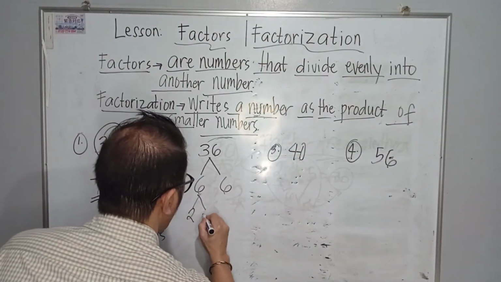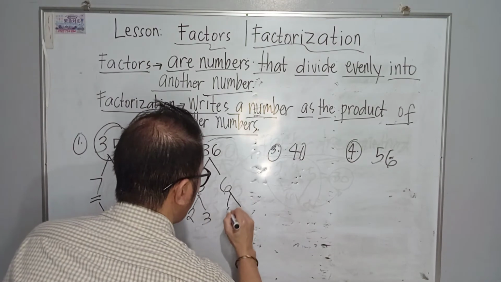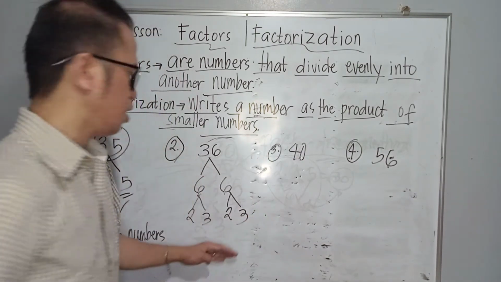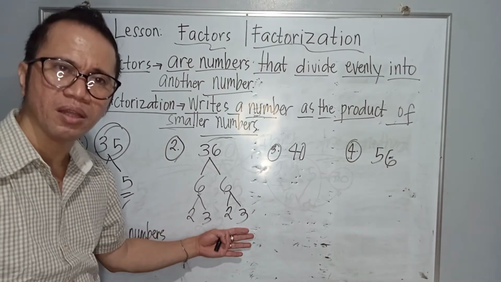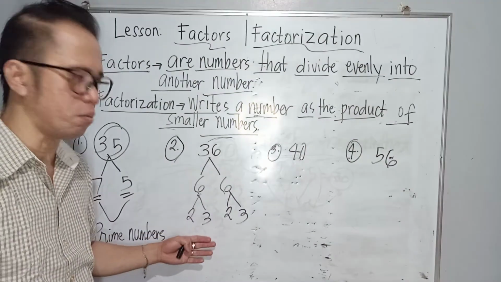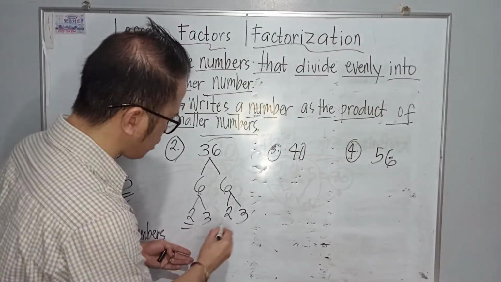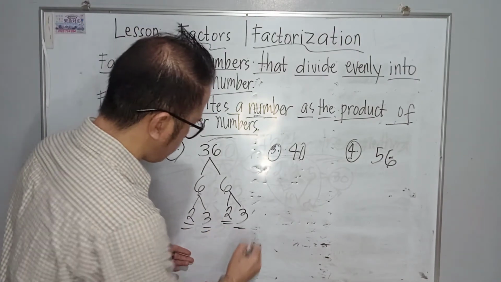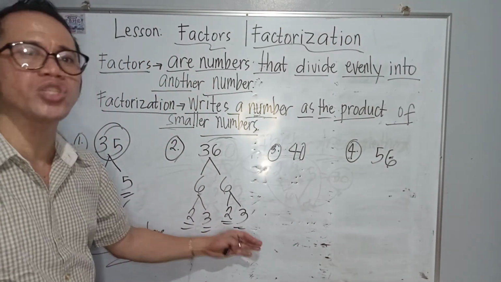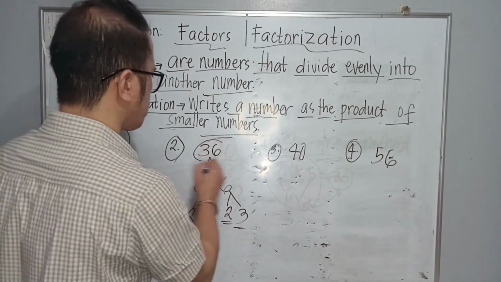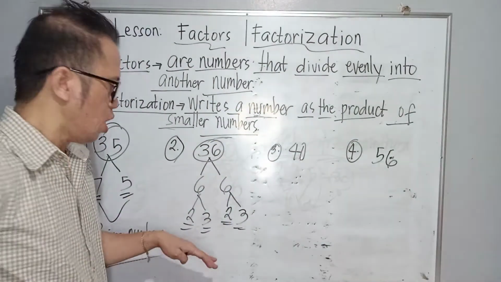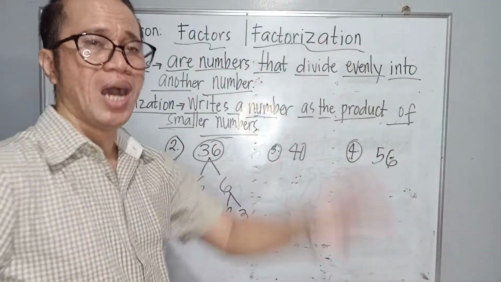Yes, we can still factor 6 by multiplying 2 and 3, and another 2 and 3, class. Do we still have factors for 2 and 3? No, because these are prime numbers. So we're going to check it. 2, 3, 2, 3. We're going to arrange them, my dear viewers, in the factorization of 36, from the lowest number to the highest number.